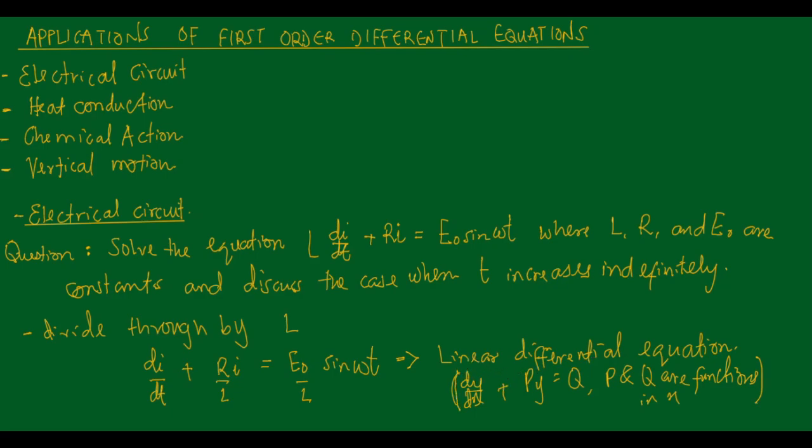So to solve this, we are going to be using the same method as we discussed when solving first order linear differential equations. The first thing is to get our integrating factor. Our integrating factor will be equal to e raised to the power of the integral of R over L with respect to t. So this gives us e raised to the power of R over L t.